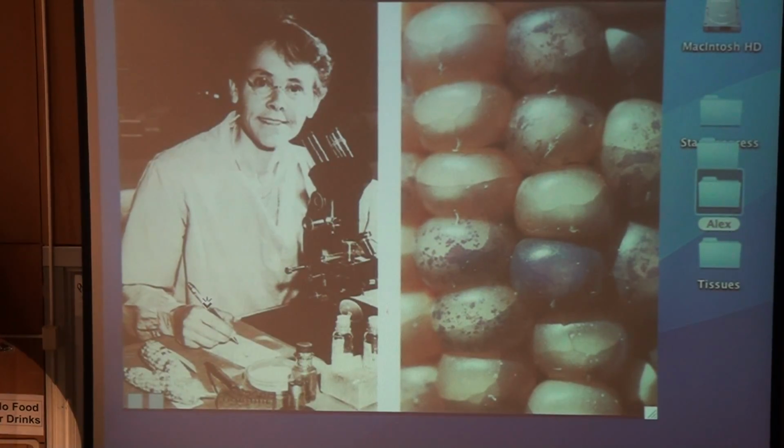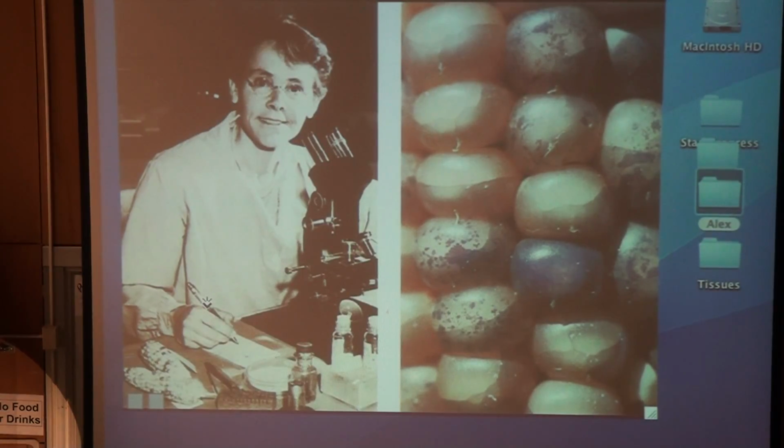When you look at an ear of corn, each little kernel comes from its own separate fertilization event. This kernel came from one sperm and one egg fertilizing each other, and this kernel came from a different egg and sperm, and this one and this one, like that. So it's essentially a Mendelian crossing event, and each kernel is one of the offspring.